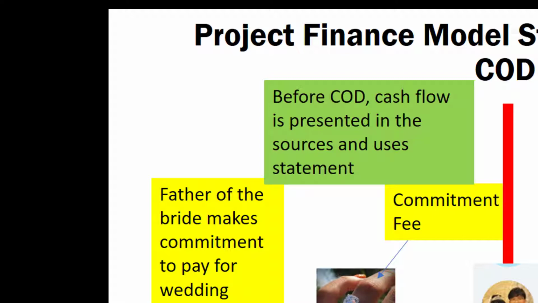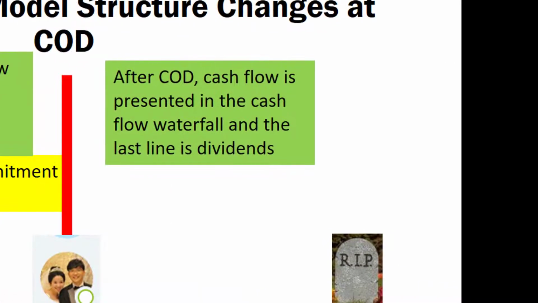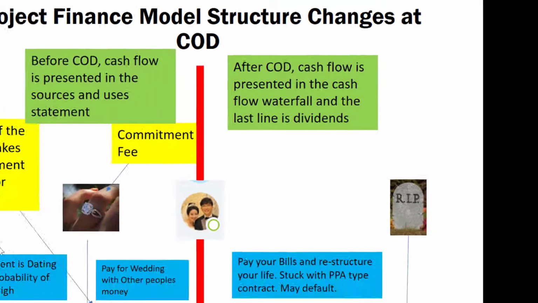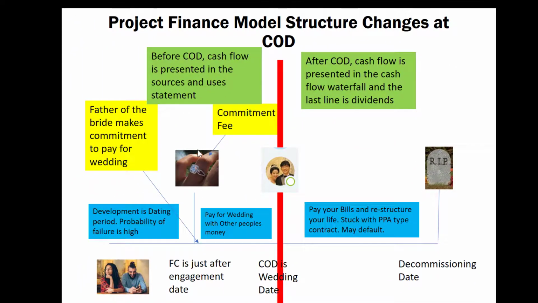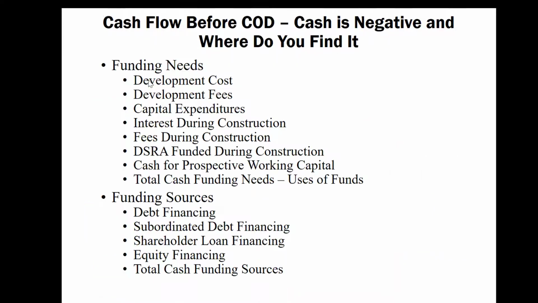And then we got to pay off that money we borrowed or raised in equity. And then you have all this development period. Here's my dating period, and my commitment fee, and then I have to pay for my daughter's wedding, and then you just pay your bills, and then you end. So you've got to get all these dates right. But the big line is before COD and after COD.